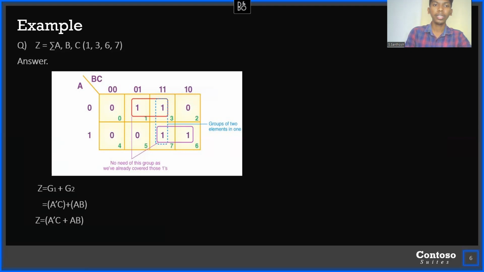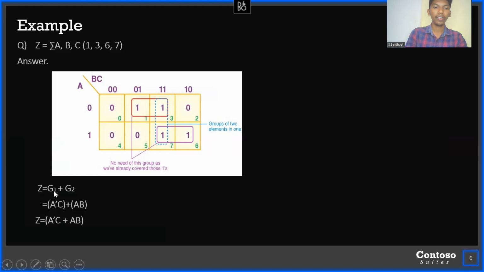So just like that, b and c will represent b complement, c complement, and then 0 1 is b complement and c. 1 1 stands for bc, and then 1 0 stands for b and c complement. Because it's min terms, you will be multiplying the values and then add the total, that is sum of products. So summing up all the products.